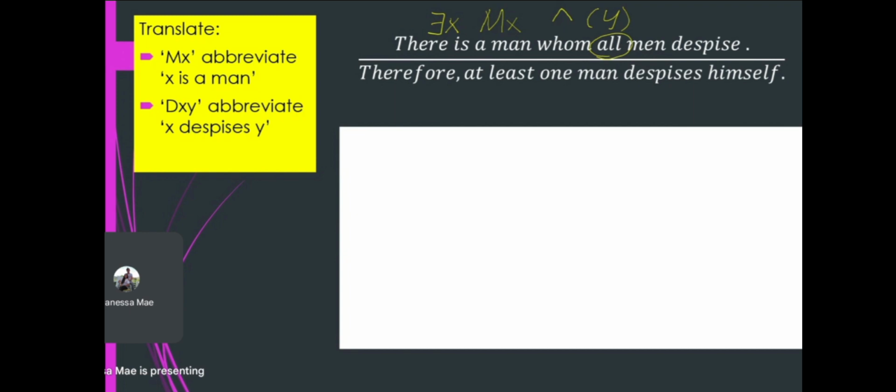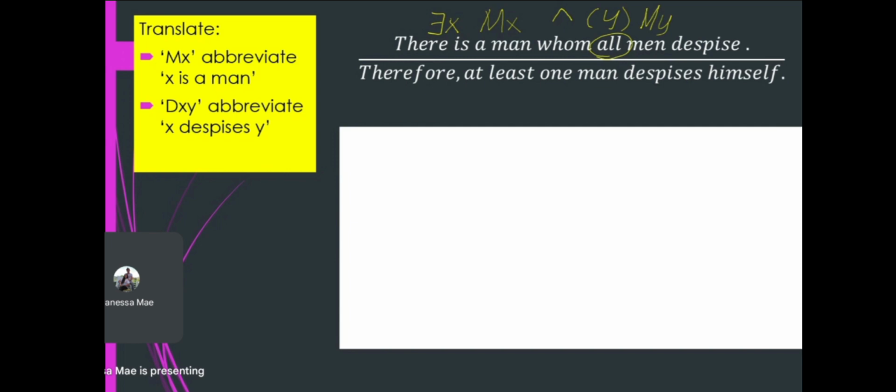Since it is all men, we will use the universal quantifier, the inverted A from the previous lesson, which we can express as y enclosed in parentheses. The man is x, a man, while the men we will represent as y. Y is a man.